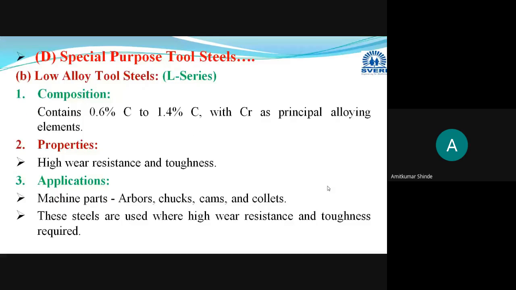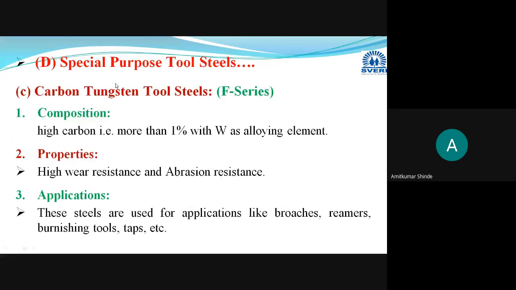Here in low alloy tool steel, these are also high carbon steels with addition of chromium as alloying element. And here, high carbon steel with tungsten as the alloying element.